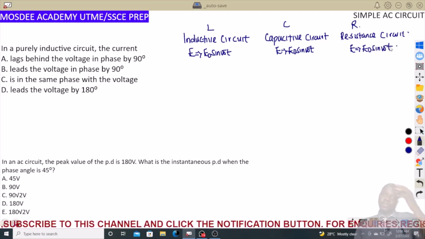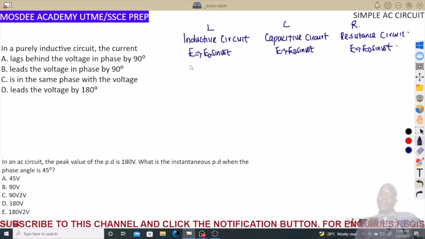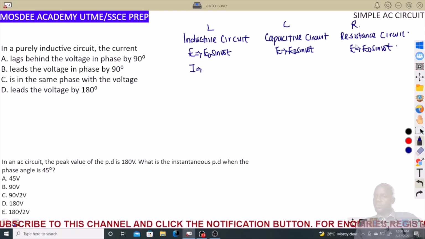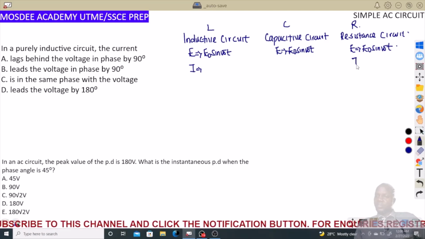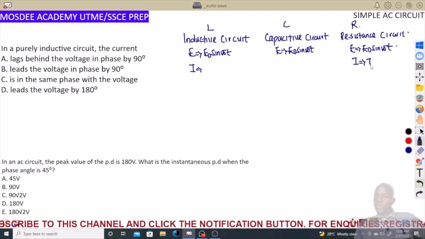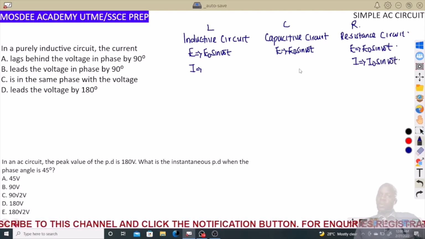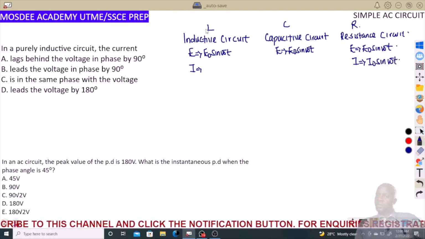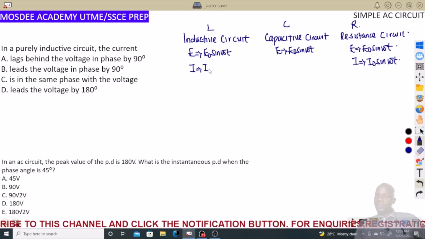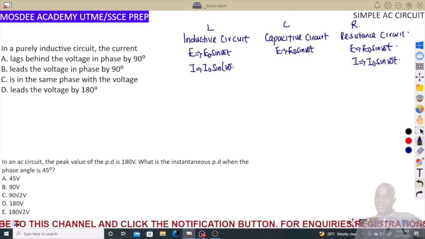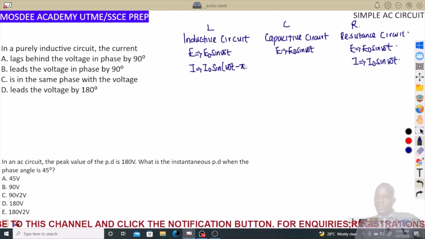A lot of things to be talked about here, to be honest. If I write also for I, it is written like that. We can start from the resistance, because it is just like a normal resistance we've talked about in electricity: I naught sine of omega t. But when we write for the inductive circuit, which we call inductance, we represent it as I naught sine of open bracket omega t minus pi by 2.